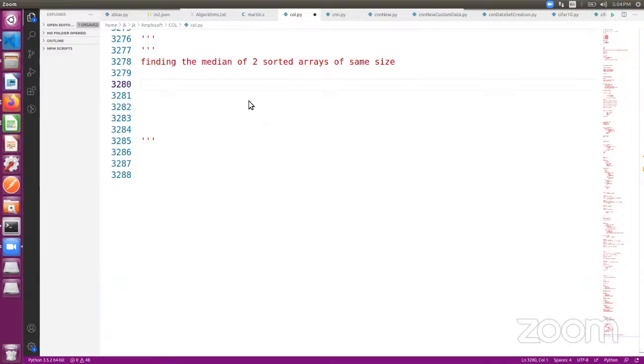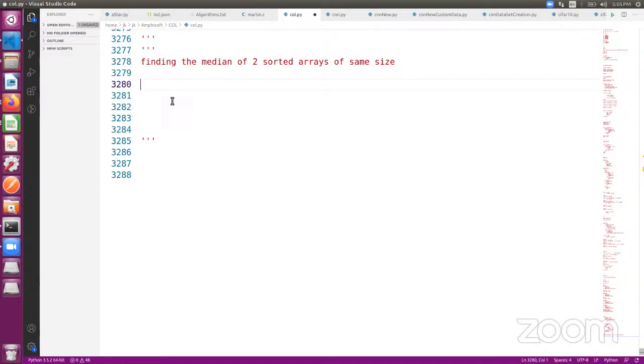Midpoint. Midpoint in a sorted array actually. If it is an unsorted array, first you have to sort it, and then find the midpoint. If there are an odd number of elements, it is easy to find the midpoint. There will be only one midpoint, so that would be your median.